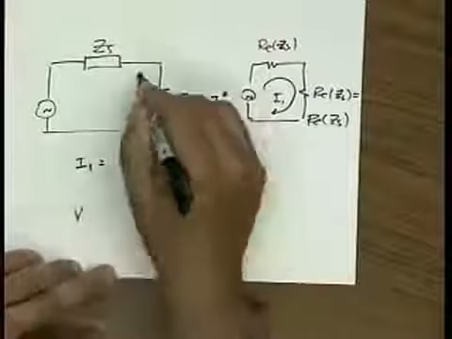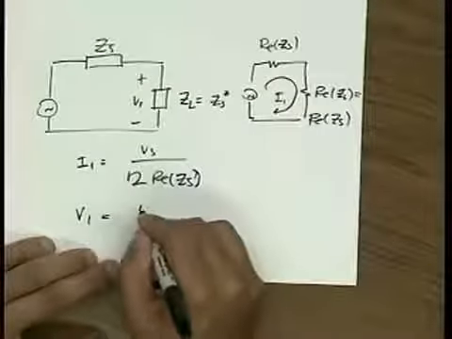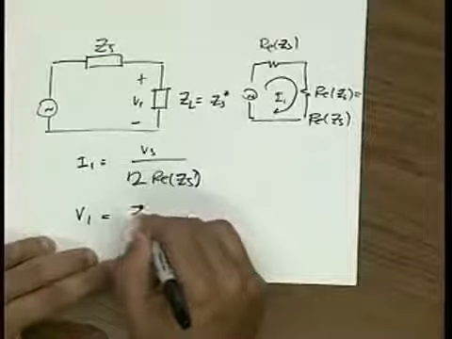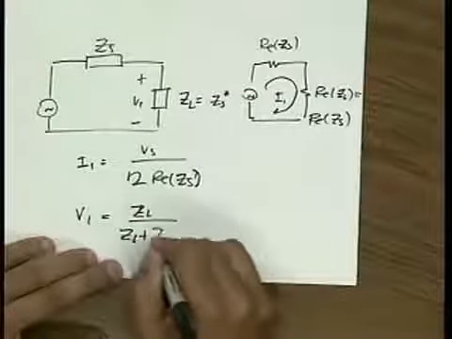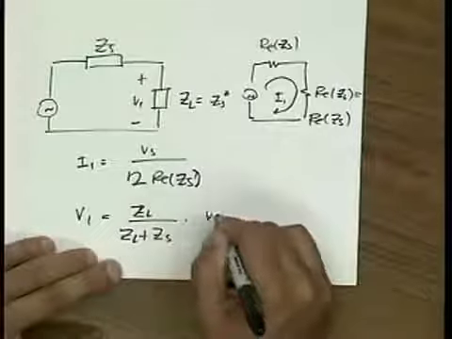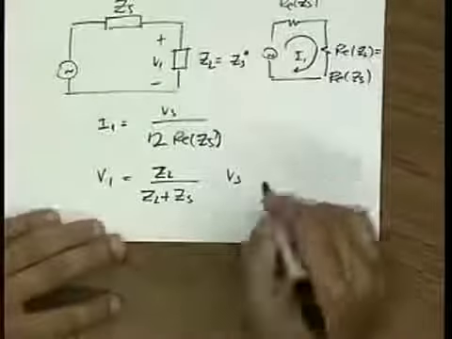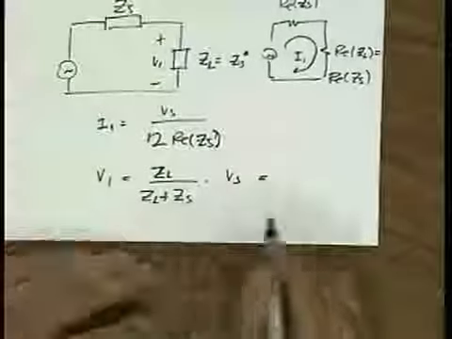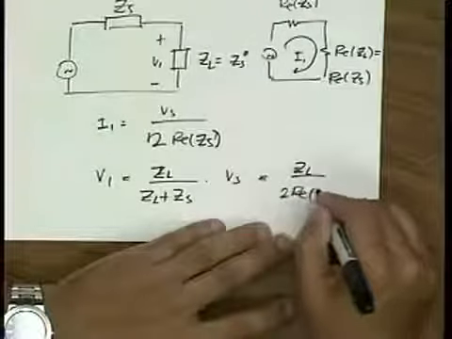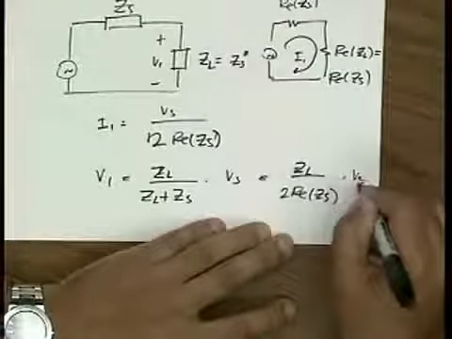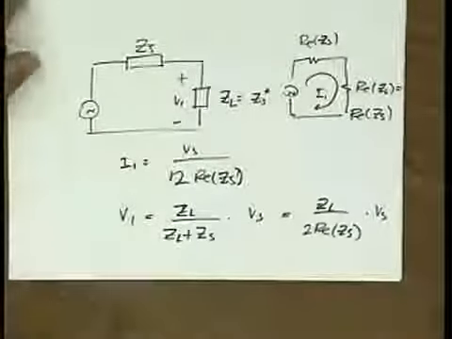And let's call this V1, which is equal to ZL divided by ZL plus Zs times Vs, just a voltage divider. And ZL plus Zs again reduces to twice the real part of Zs times Vs. Okay? Clear?